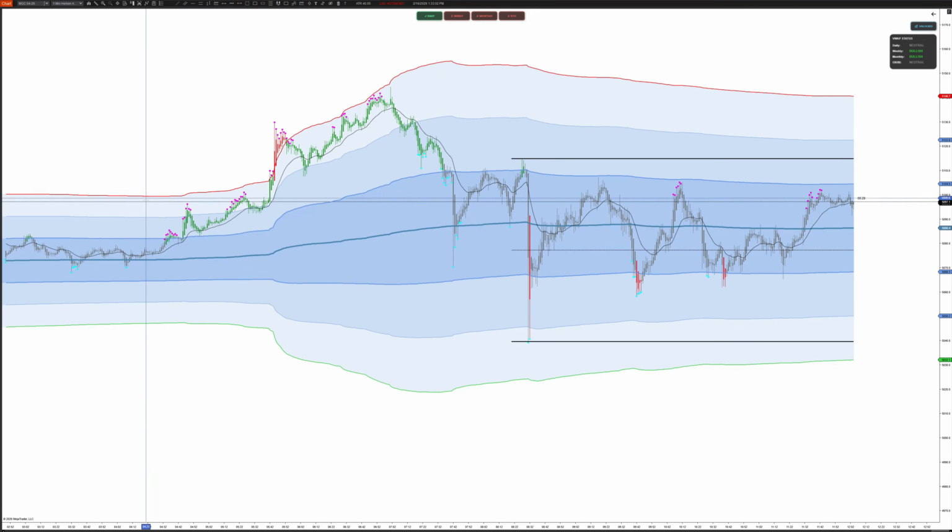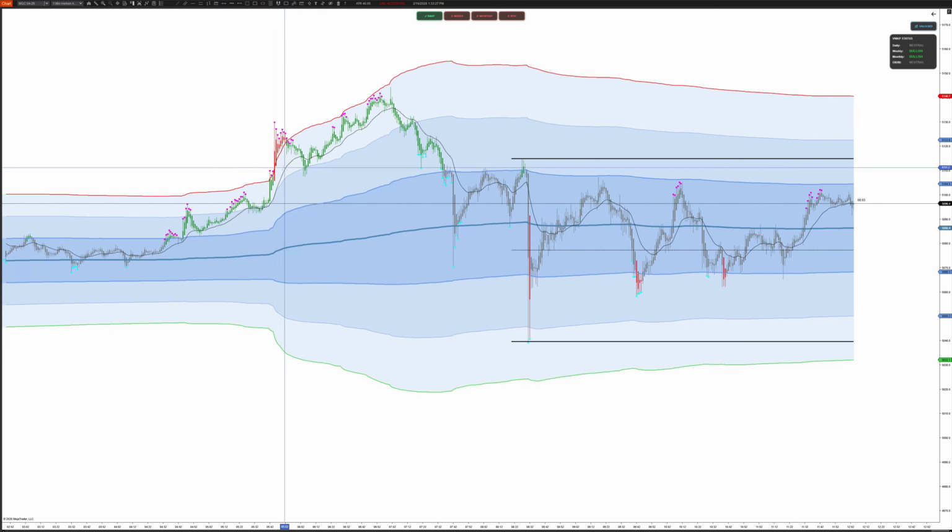The very first thing we can look at is that as we come outside of the first standard deviation, the color of our bars changes. The way I have this set up, they are gray when we're within the first standard deviation. When we're above the first standard deviation of the daily, they turn green.